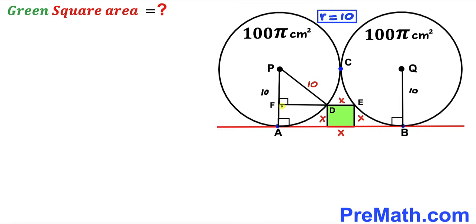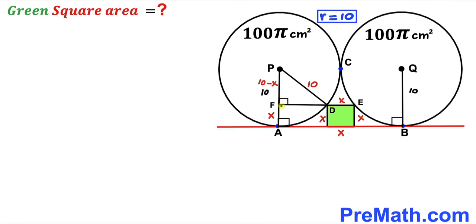Now in this next step, I have dropped this perpendicular DF on AP. We know this segment is x, so this AF segment has to be x as well. Furthermore, we know that this whole radius AP is 10 and this segment is x, so this remaining segment PF has to be 10 minus x.